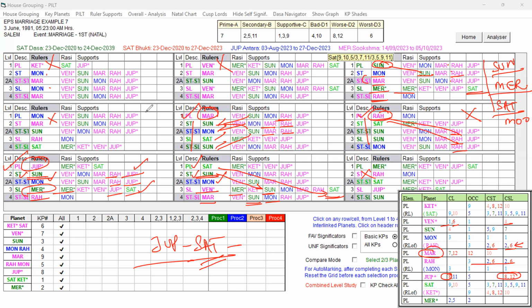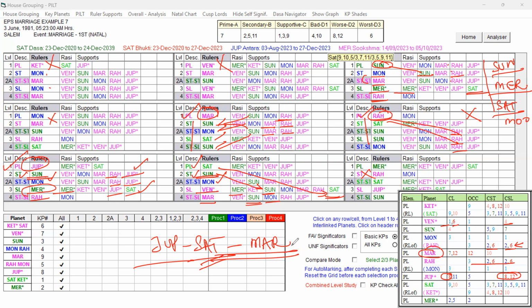We have eliminated many planets. Mars is the only planet remaining which has got all the levels ruled by favorable key planets. Only the source has got some weakness, that too not detrimental. So that way, Jupiter Dasa, Saturn Bhukti, and Mars Antara is favorable for the marriage.